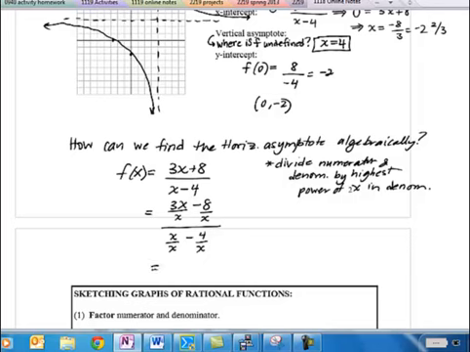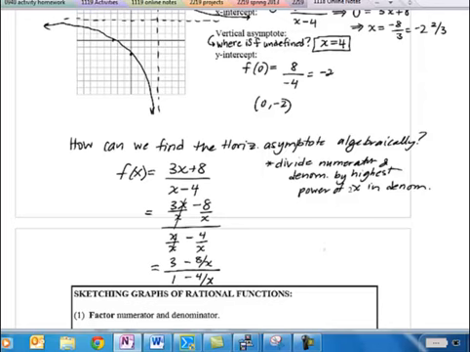And then let's reduce where we can. So now we've got 3 minus 8 over x over 1 minus 4 over x. It's the same function, but it just looks more complicated.